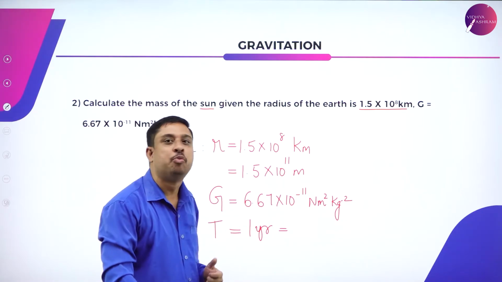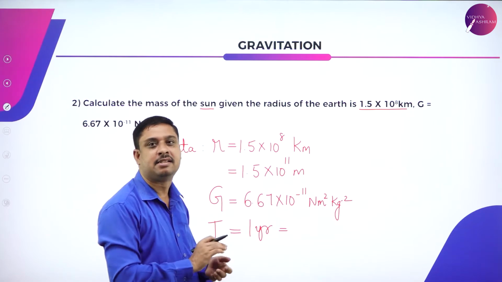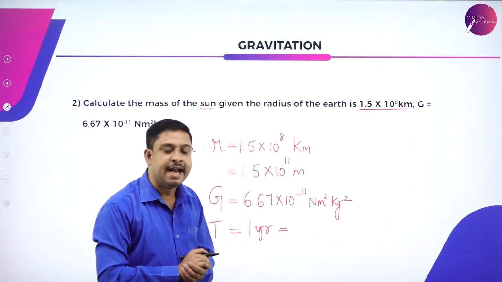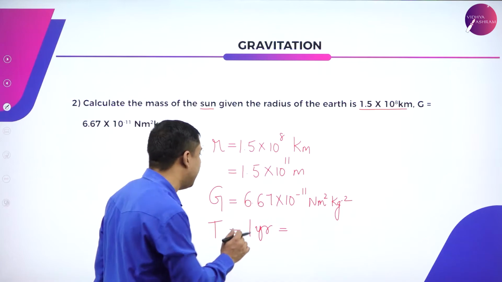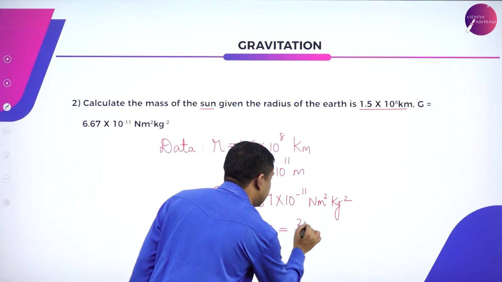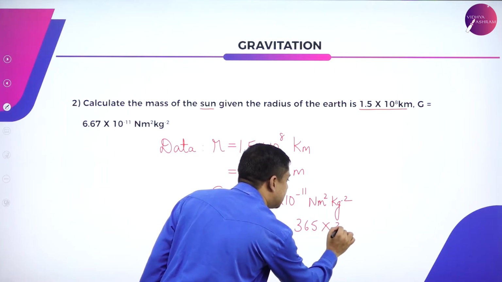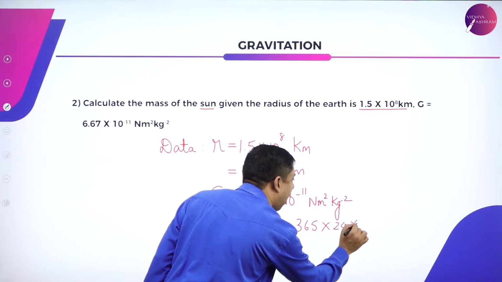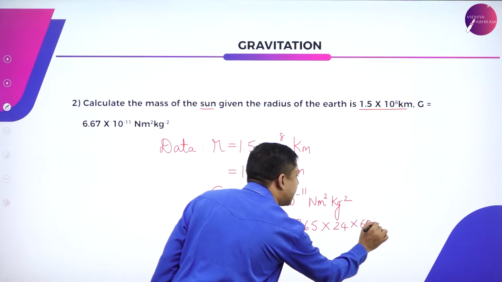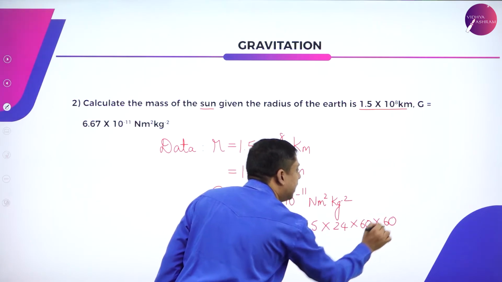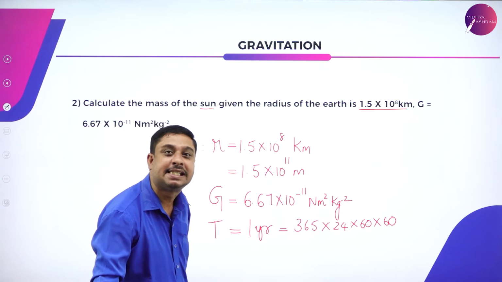Time has to be in seconds. The reason is it is the SI unit. So, 365 days. Each day is 24 hours. Each hour is 60 minutes. Each minute is 60 seconds.